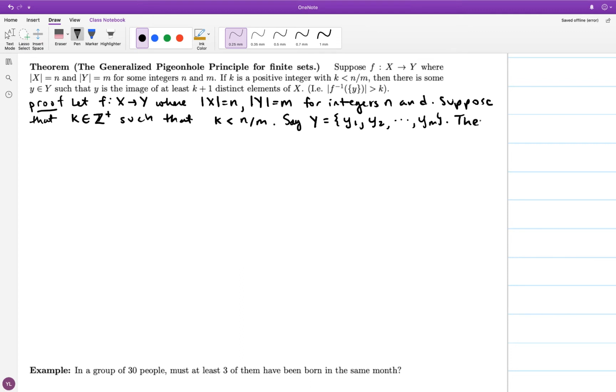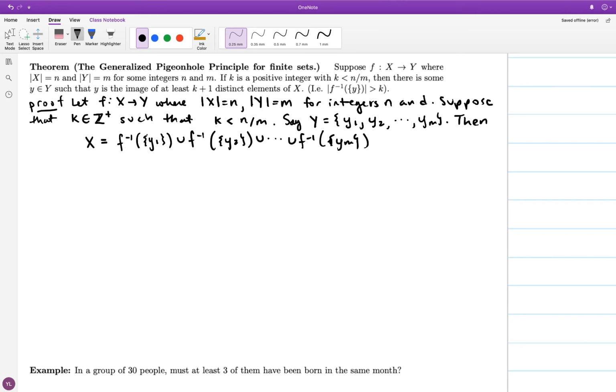Then here's the observation that I want to make. The set X, the set of domain elements, is the union of the individual inverse images of the members of Y. Let me write it out. Okay, so remember this notation. I am not making the claim that f is a one-to-one function.